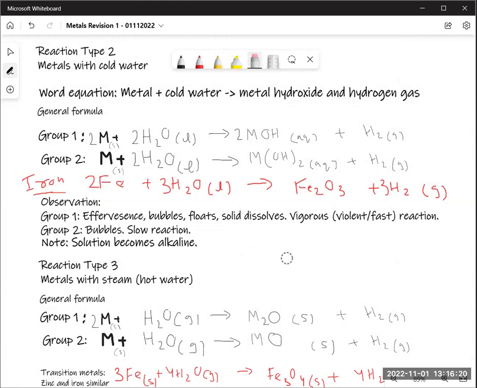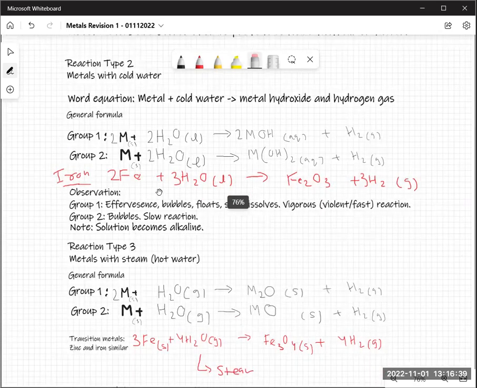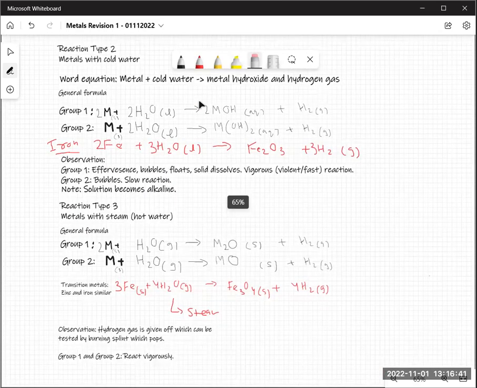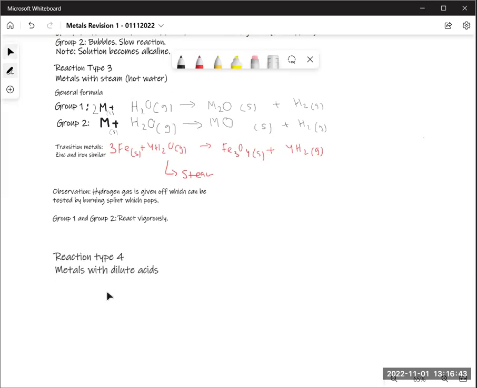So non-metals don't form hydroxides, do they? No, they don't. Never. Because both of these are negative. Look, Cl minus, OH minus. They won't join together. They need Cl minus and H plus. Does it make sense? Yeah, right. Solution becomes alkaline. That's important. Write that and we're done with everything.